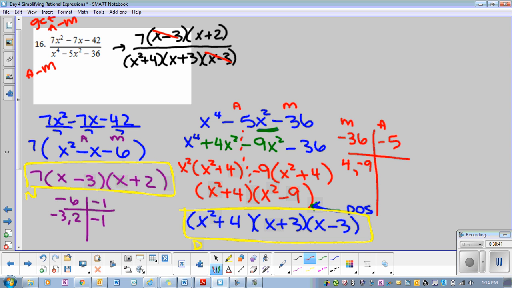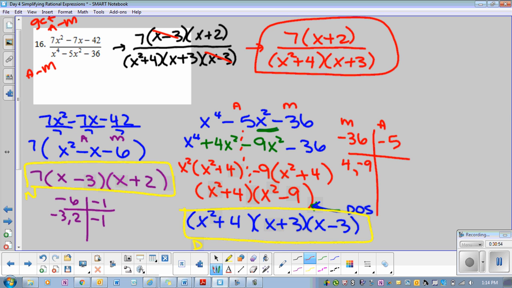That's it? All that work just for one? Yeah. Like I said, this is very factoring heavy. So if you're still having trouble, please come and see us.